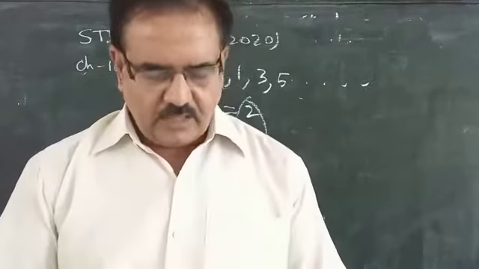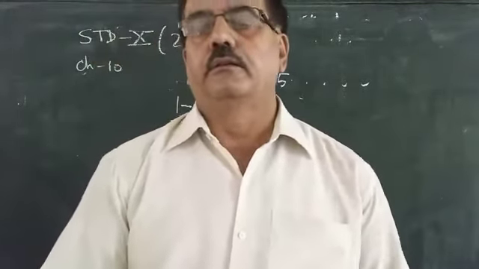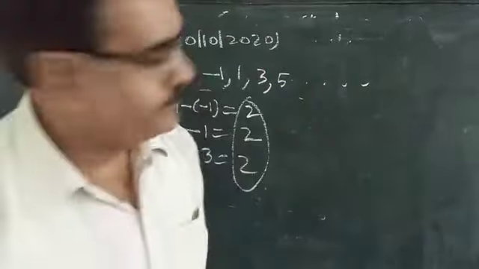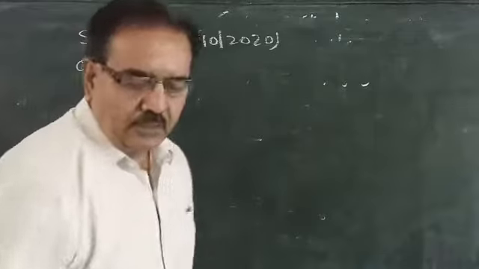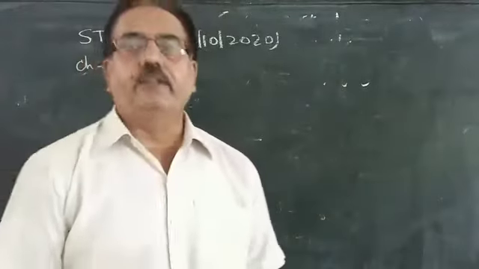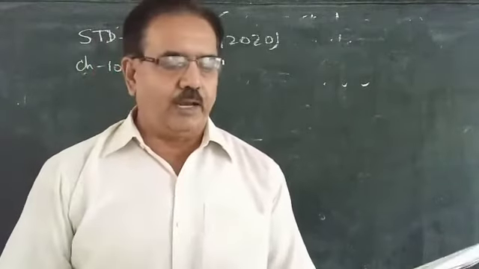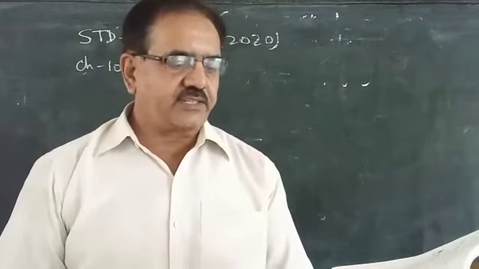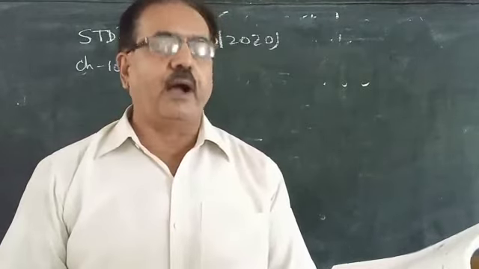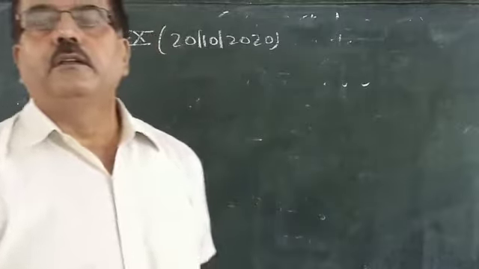Another type of question. See. Find the AP whose second term is 12 and whose seventh term exceeds the fourth by 50. What is given?